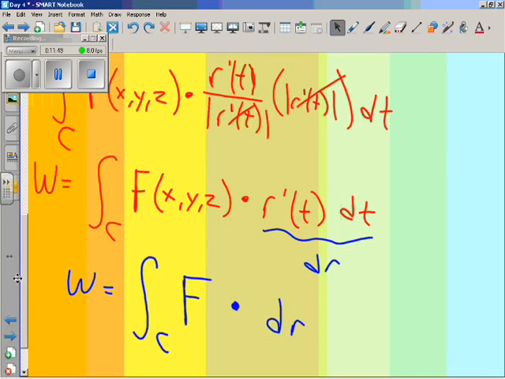It's just the dot product of the vector field and the tangent vector.